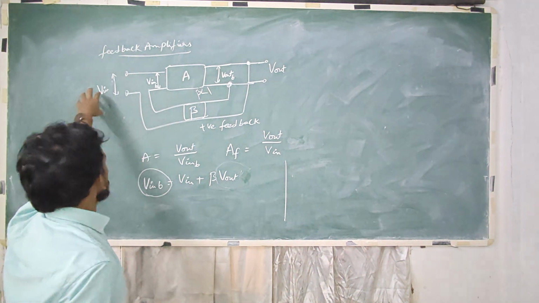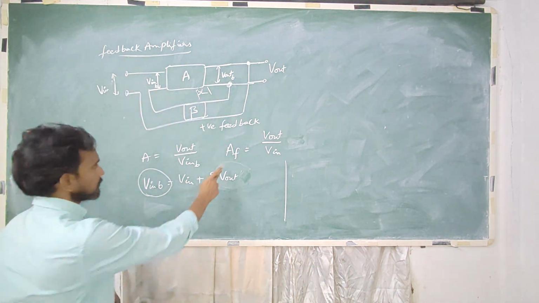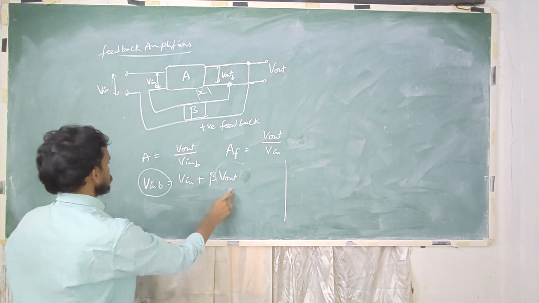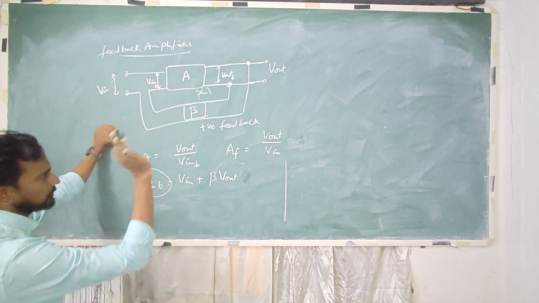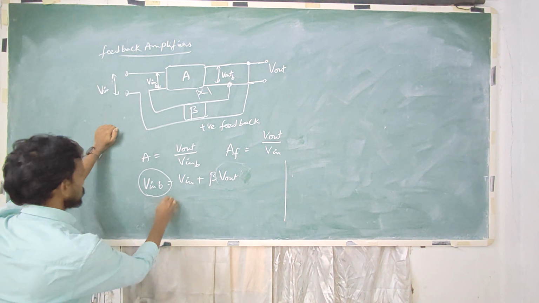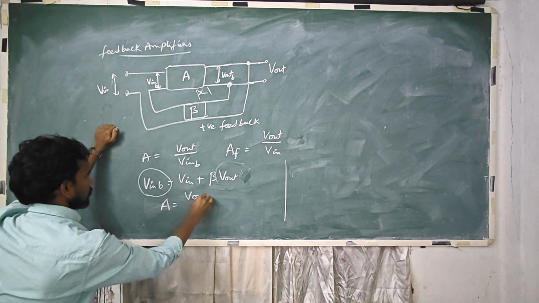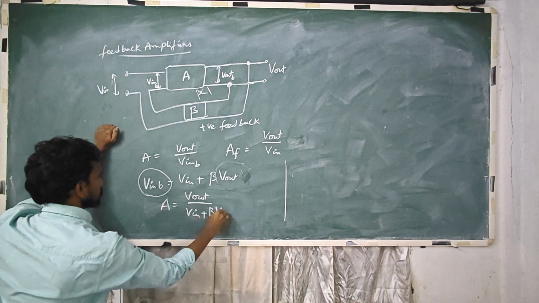All I need to know is V in and V out, whatever beta factor. So unwanted factor is V in B. Somewhere if I substitute the value of V in B, I'll get everything out. So A is equal to V out by V in plus beta times V out.